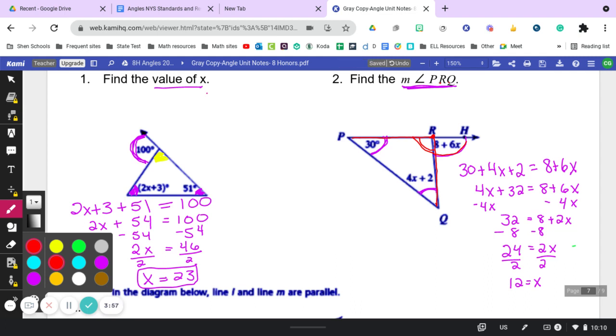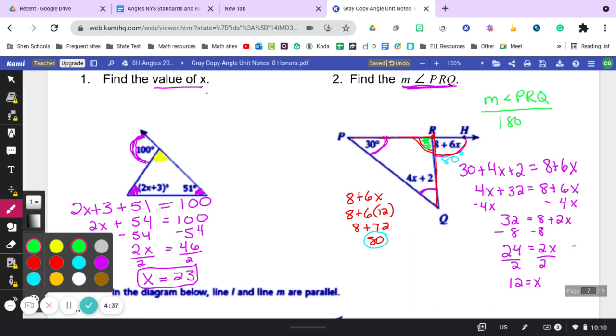So I could find that angle 8 plus 6x and substitute in my value of x. So 8 plus 72 equals 80. So now I know that this 80 degrees is right here, that exterior angle. And I know that the measure of angle PRQ is supplementary to that angle.